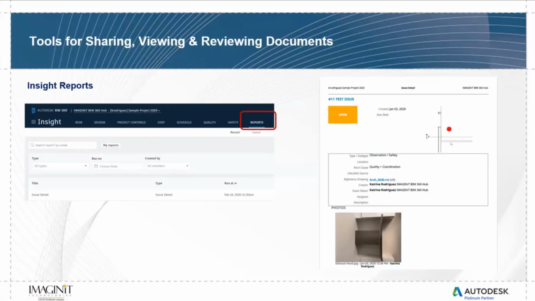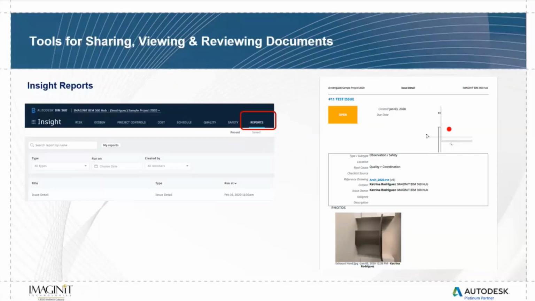So when we are generating reports on BIM 360, they also all get tracked on the platform, and we are able to export these out as PDFs, and I believe more recently Excel files as well. So in a similar format as what you're seeing on the right side here. So you can use it for review, but you can also use it if you need to, let's say, archive the issues that you're creating on BIM 360.